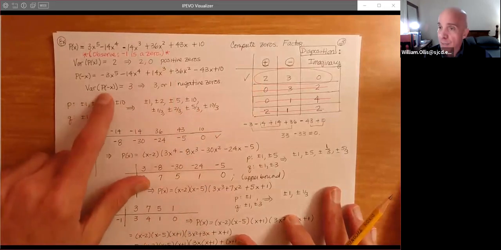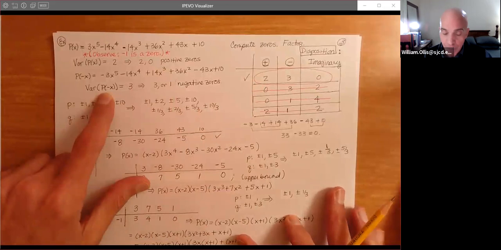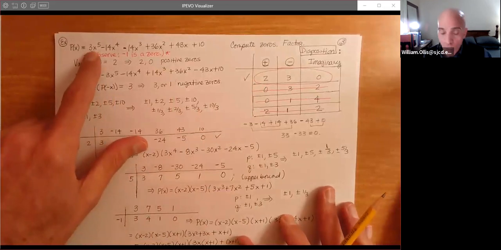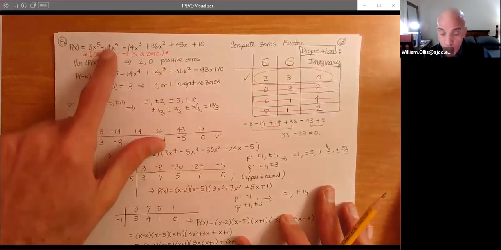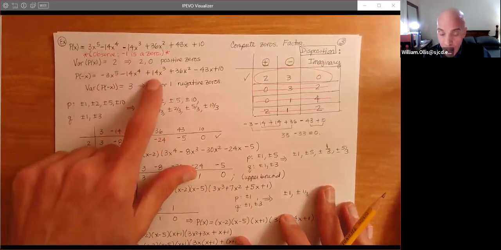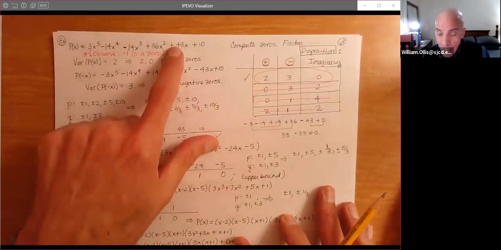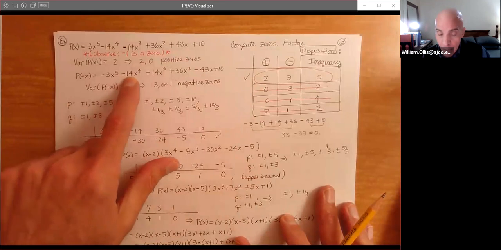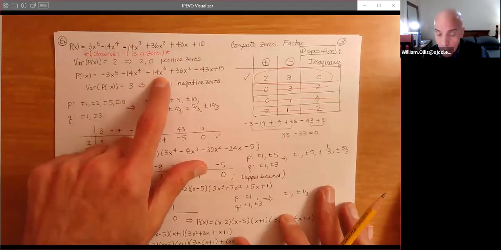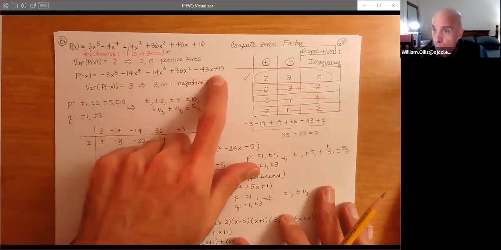Now, let's look at the variation of P of negative X. Remember, when we do that, we make sure that the odd powers get the negative, the even absorbs. So I'm going to write it down: no change, negative, negative, positive, no change, negative, no change. And now when you start negative, there's a change: 1, 2, 3.